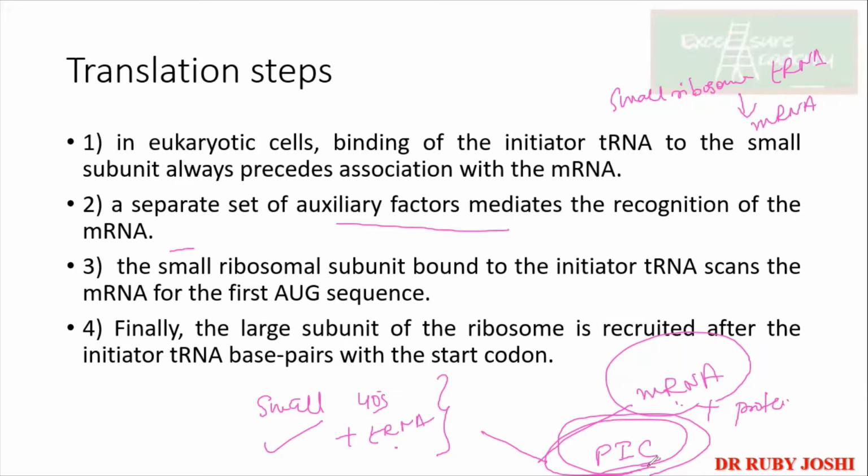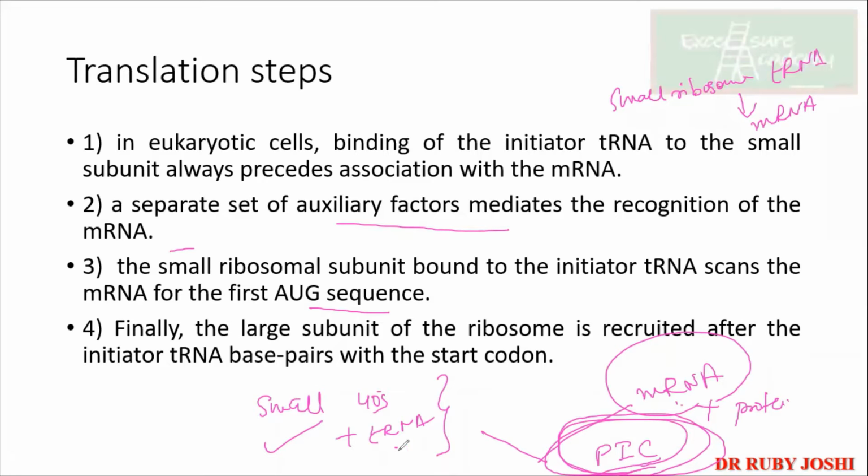Yes, ma'am. Okay. Then the small ribosomal subunit, which is bound to the initiator tRNA, scans the mRNA for the first AUG sequence. So the PIC that has formed here is going to scan for the first AUG sequence, the start codon. Once that has been done, the large subunit of the ribosome is recruited, after the initiator tRNA base pairs with the start codon.